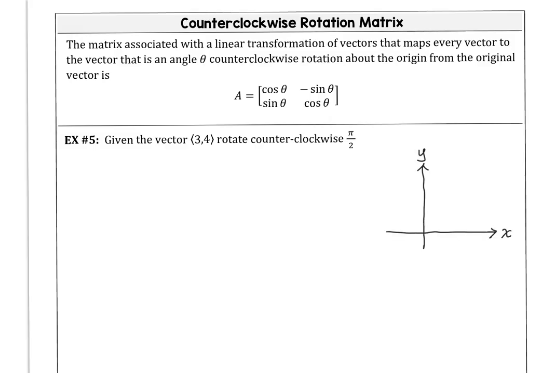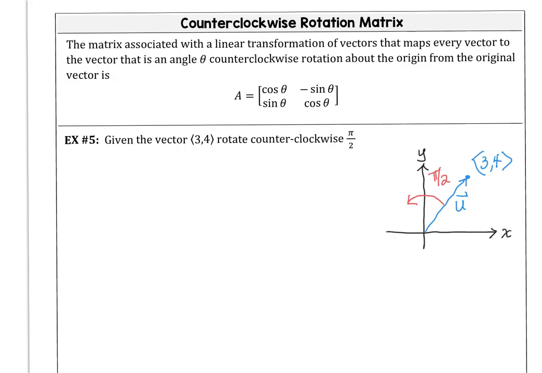And our vector is located at 3, 4. So it's 3 units out, 4 units up. And that's our vector there. We're going to call that vector u. And we want to rotate in a counterclockwise manner pi over 2. So that's our angle of interest right here.